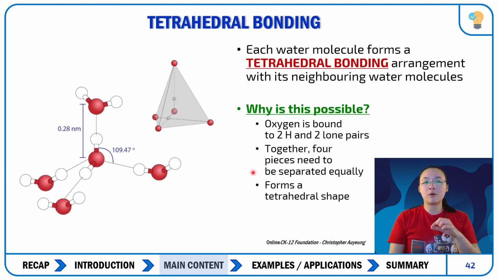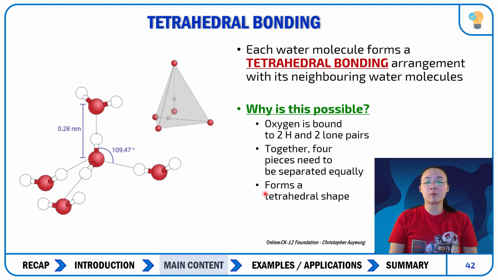I've been hinting at this the whole time, but if you count the 2 lone pairs of electrons, you can form a tetrahedral shape. Together, the 4 pieces can be separated equally, and that forms a tetrahedron, which means there's 4 different types of interactions that can happen. So how many hydrogen bonds can water form with other water molecules? Up to 4. That is the answer.